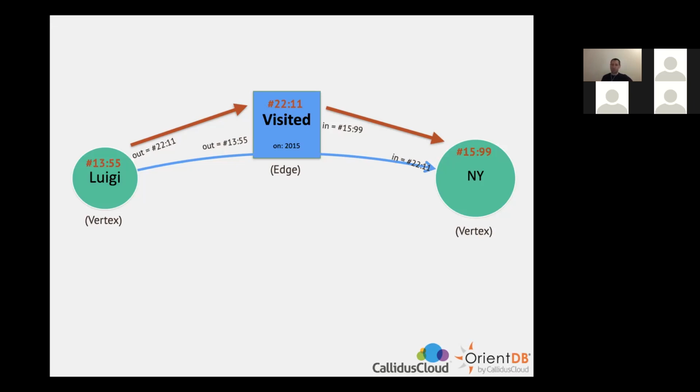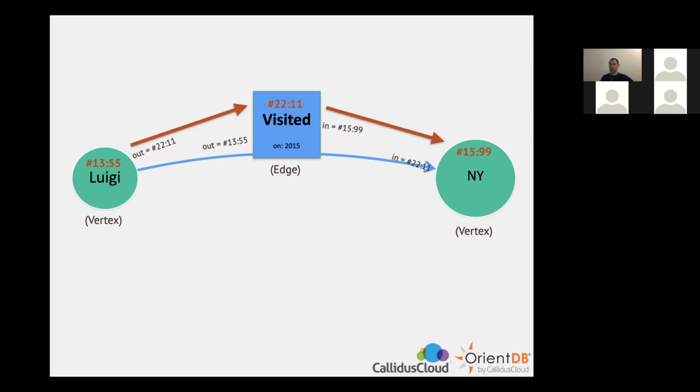The cool thing is that, of course, you can traverse a single relationship. So you can traverse this single pattern like Luigi visited New York. That's fine. But imagine the scenario when you have to traverse a chain of relationships. And I'm not talking about 2 levels or 3 levels. I'm talking about 100 or 1,000 levels deep.